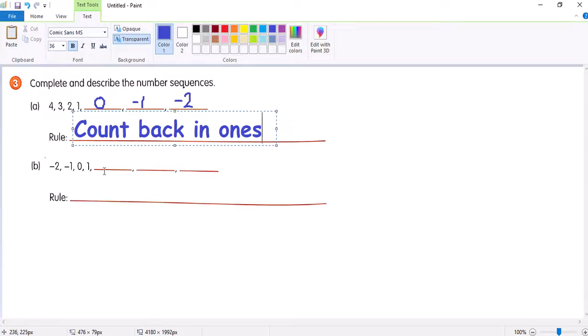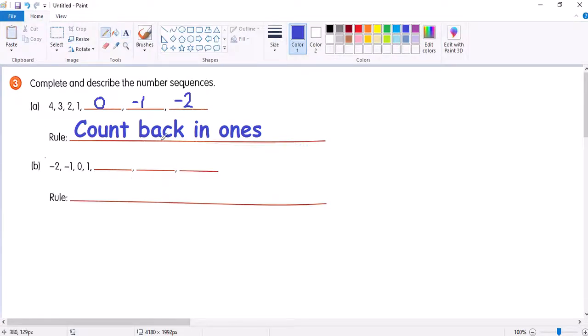Okay, let's try to use this one here now. So what number do you think that could be in this? So 3b that we could be using here. So we have -2, -1, 0, 1. So that means the numbers are becoming bigger because these are the smallest number that we have amongst all of these numbers. So -2, -1, 0, 1, that should continue to 2, 3, and a 4.